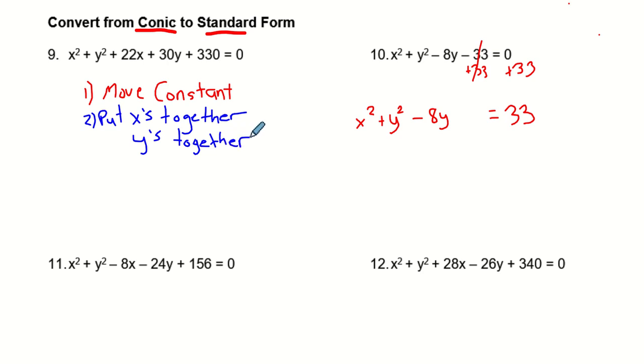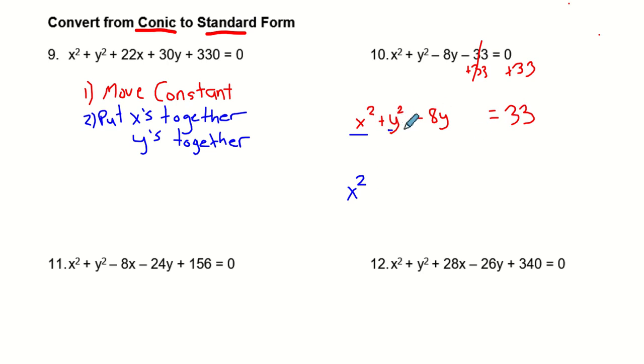Sorry, I know it's taking me a while to write this out. So on this one, notice we only have x squared. We don't have an x. So this is going to be easier because there's not going to be an x plus 5 or an x minus 3 or anything like that. I saw some of you wanting to add plus 1x or something like that. If there's no x, then we're done with the x part, meaning we don't have to complete the square with the x part.